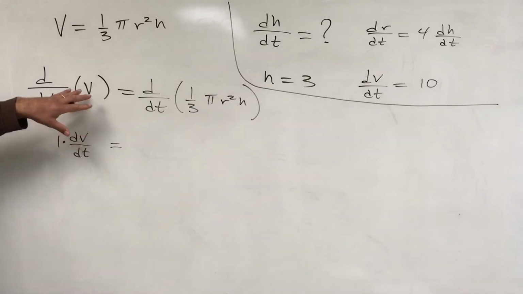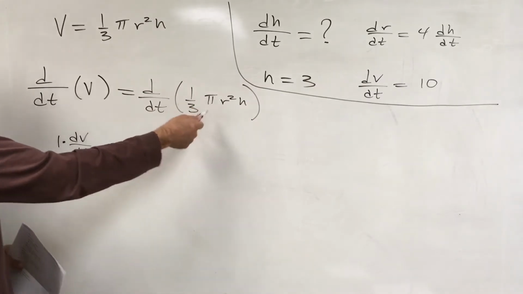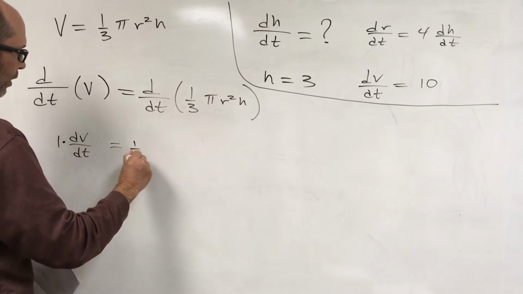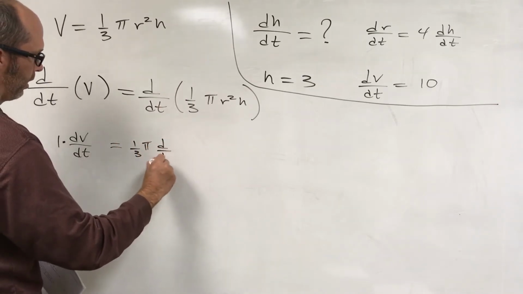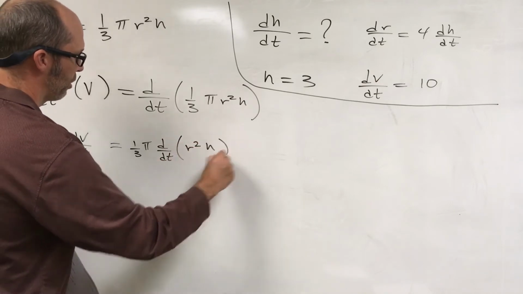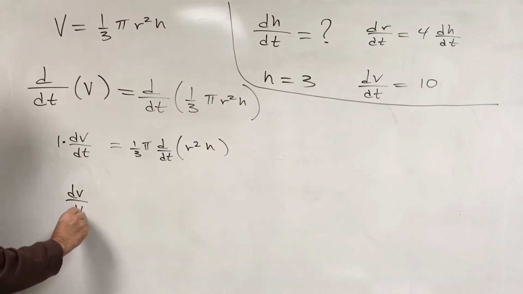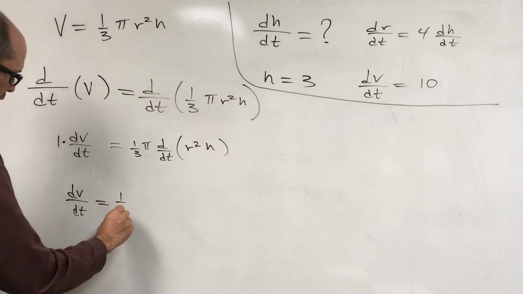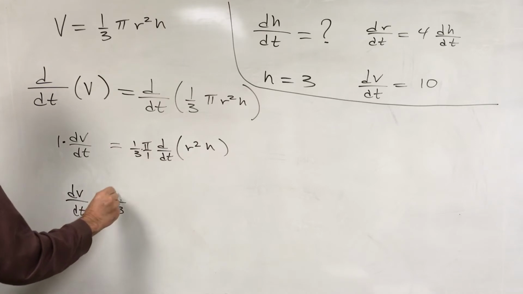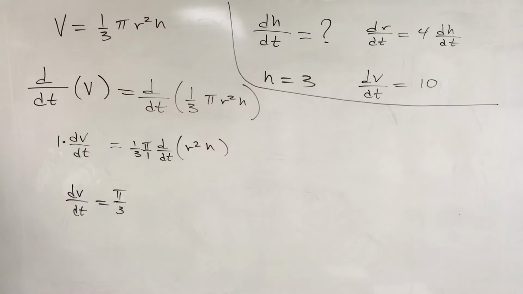Again, that is the chain rule. This is like V of t. On this side, remember that you can pop constants out to the front of derivatives, so 1/3 pi can go out front, and we have d/dt of r squared h. So we have dV/dt equals, might as well put the pi on top, pi over 3, which is easier to deal with.